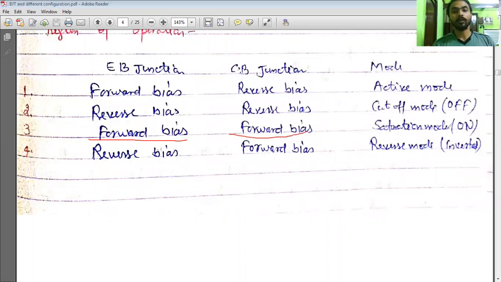Then the mode will become the saturation mode, and it means it will go and get saturated.